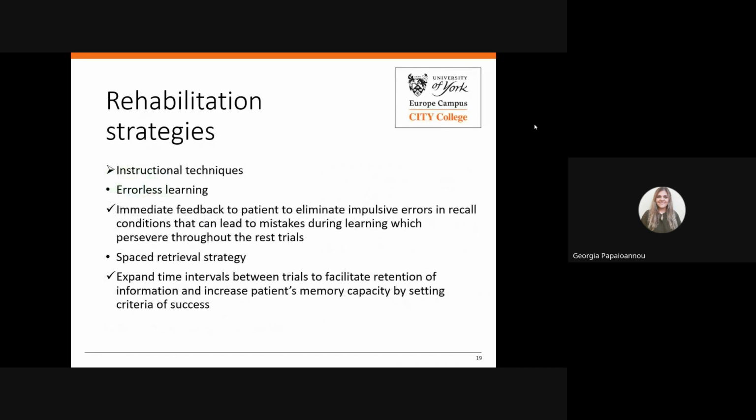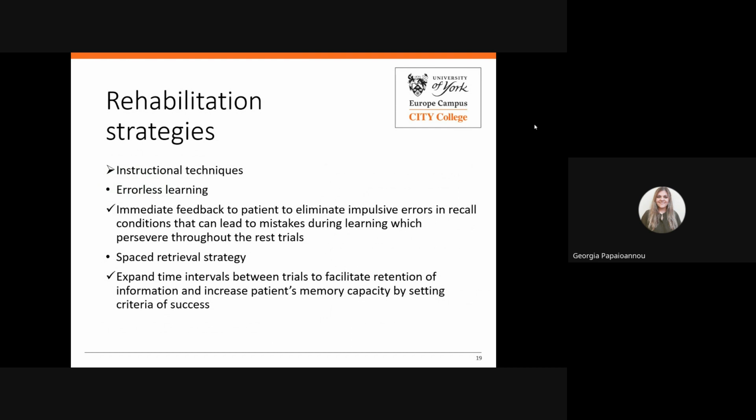We also have instructional techniques such as errorless learning, which is when we give immediate feedback to a patient to eliminate impulsive errors in recall conditions that can actually lead to future mistakes for the rest of the trials. We have also the spaced retrieval strategy.